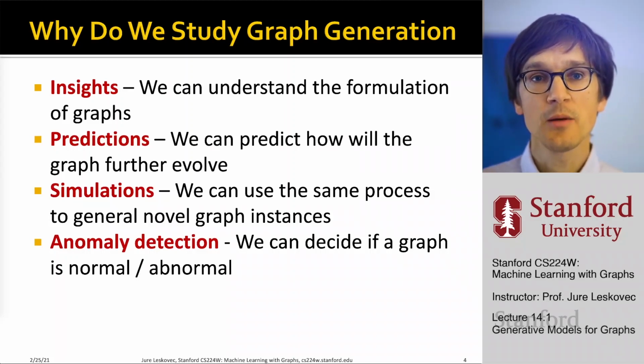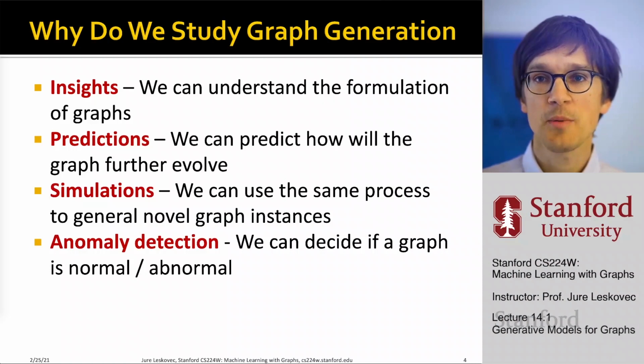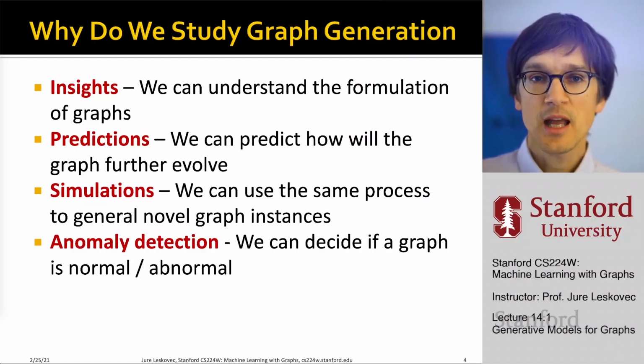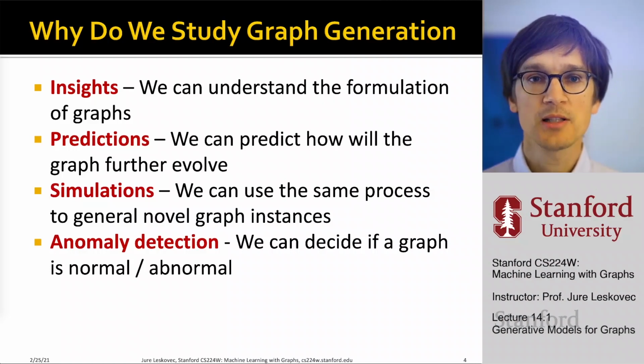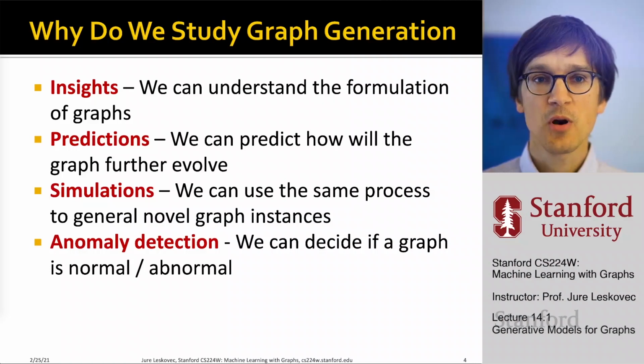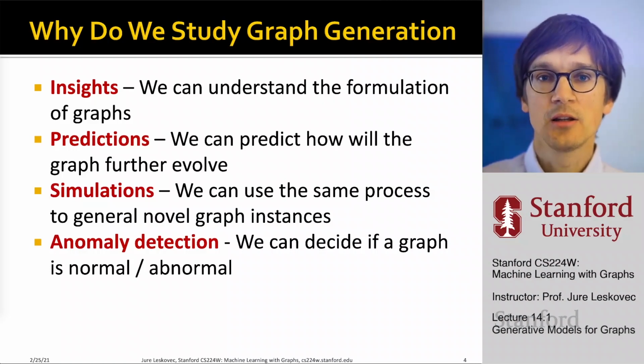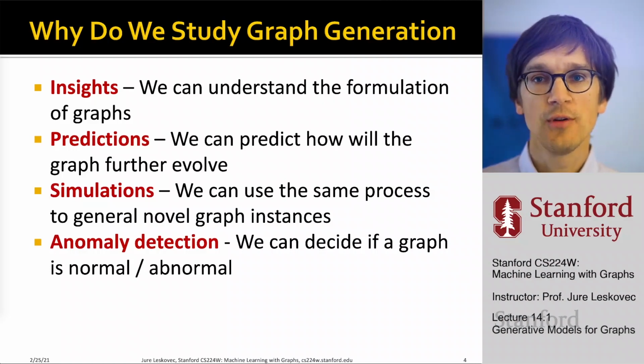It allows us to make predictions in a sense, how do we expect this graph to evolve in the future? Synthetic graphs are also very useful because they allow us to understand various kinds of processes that lead to generation of new graphs, and then we can use them as data sets for understanding corner cases and understanding the performance of various kinds of graph methods.